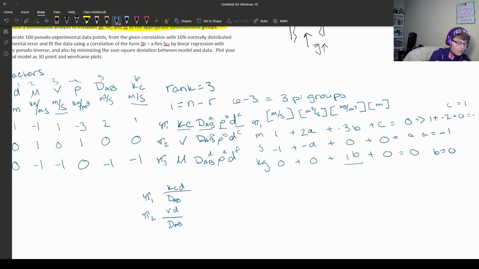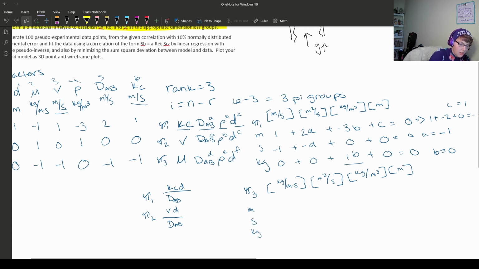Next, we need to identify the third dimensionless group units and exponents. So if we look at those units, we have viscosity is equal to kilograms per meter second. And just like before, the diffusion coefficient is meters squared per second. Density is kilograms per meter cubed. And diameter is meters. So we will have this again.